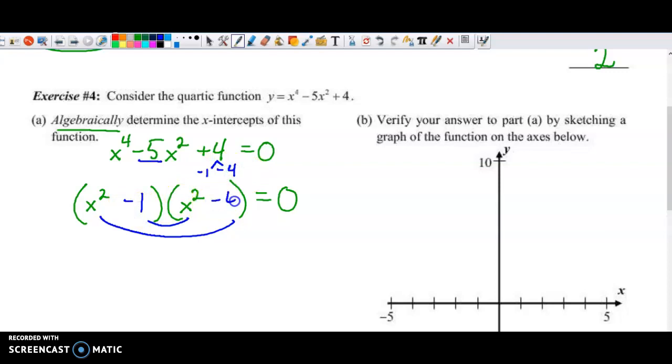And so the reason why I brought out this FOIL thing is to remind you that this trick works because it's -4x squared minus 1x squared is -5x squared. Now I'm going to take this one step further because it's been a while, is that this is a difference of squares.